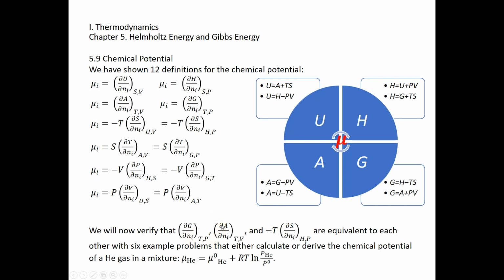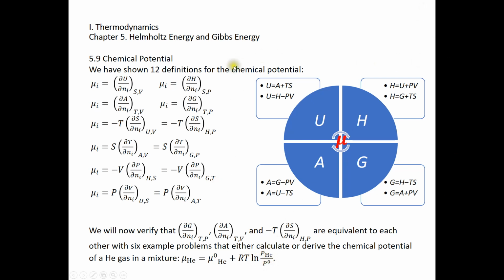Also, it's delta A over delta N on a constant TV condition, or negative T times delta S over delta N on a constant HP condition. We'll show you all three expressions will end up to be this. The chemical potential of a helium is just the standard chemical potential plus RT times the natural logarithm of the partial pressure of this gas over P naught.